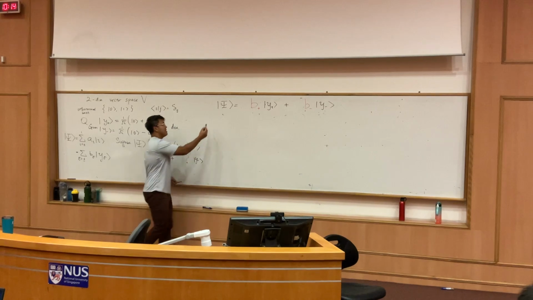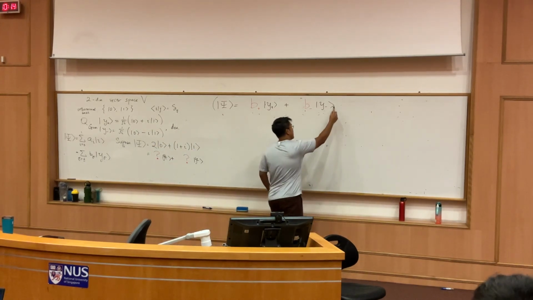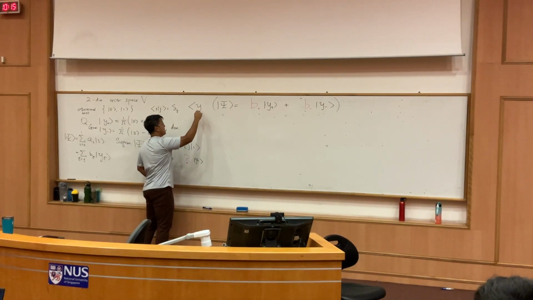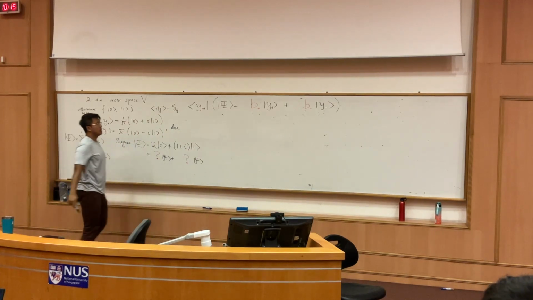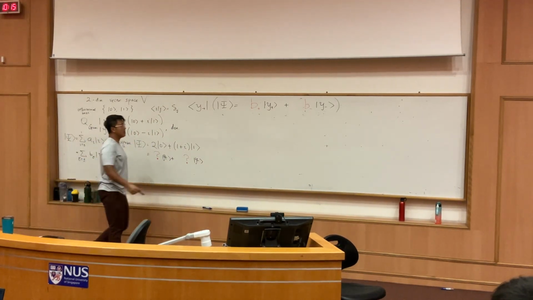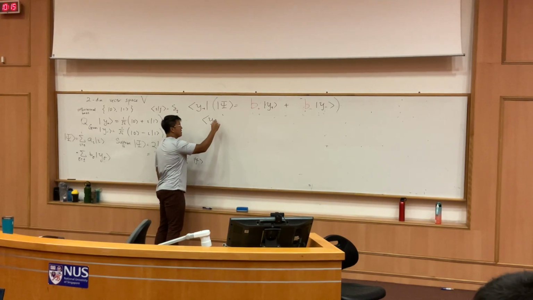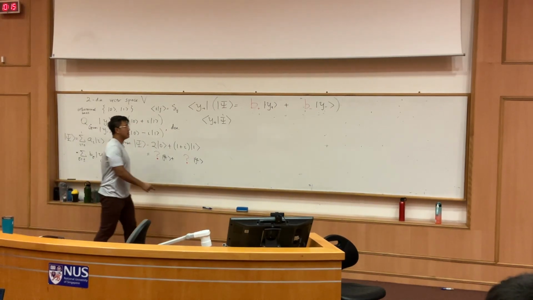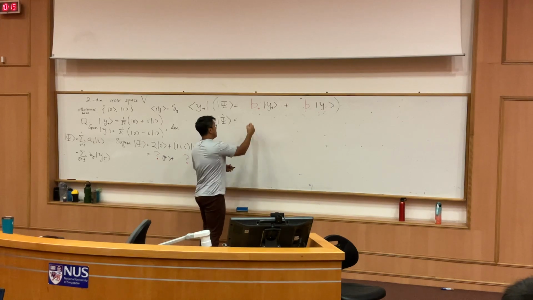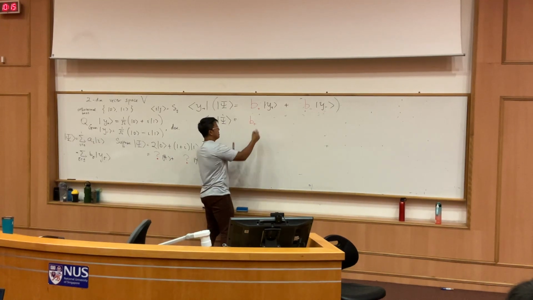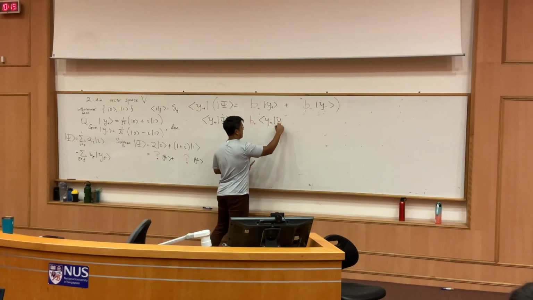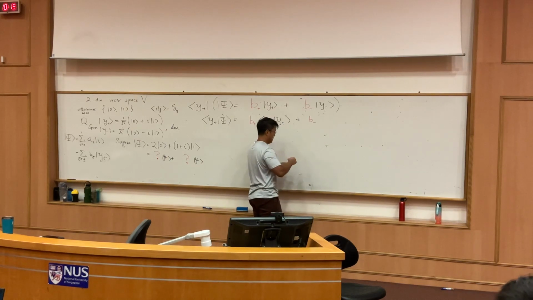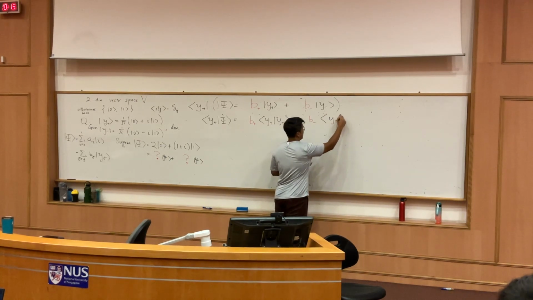Well, notice that if you take the entire expression and hit it with the y plus here, on the left hand side we get y plus psi. On the right hand side, we get b plus y plus y plus, plus b minus y plus y minus.